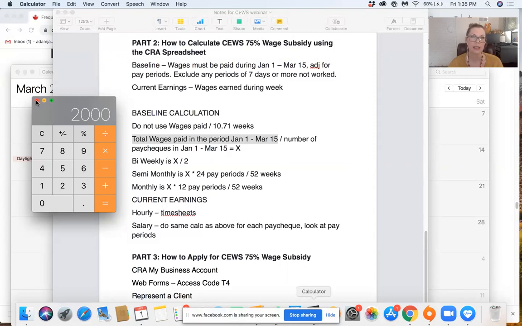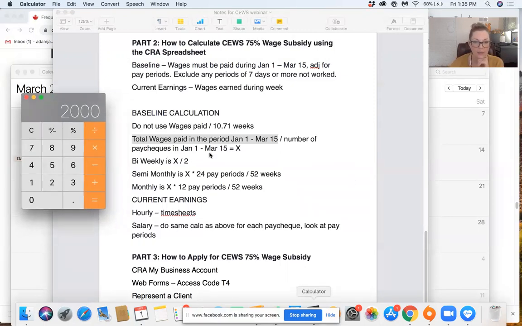In one I had 6 and in one I had 5, but it would be 6 pays of $2,000 or 5 pays of $2,000. So by using this total wages paid in the period divided by the number of the paychecks, no matter if you have 6 or 5, in that scenario, you're still going to get $2,000.